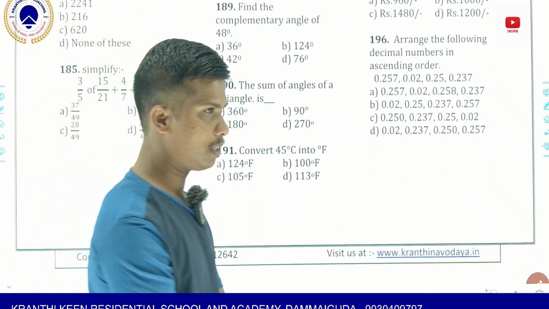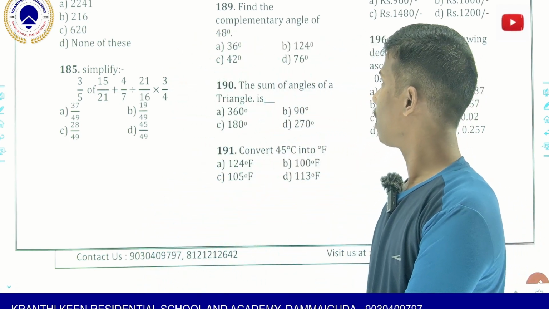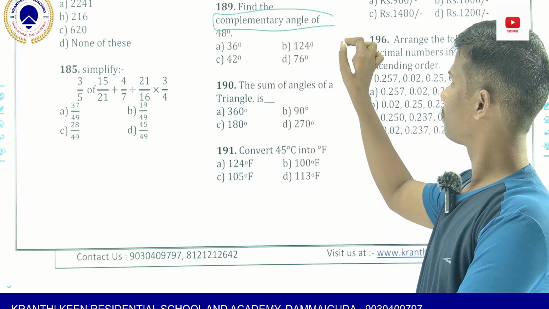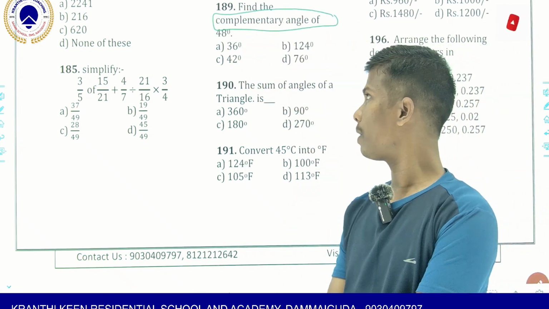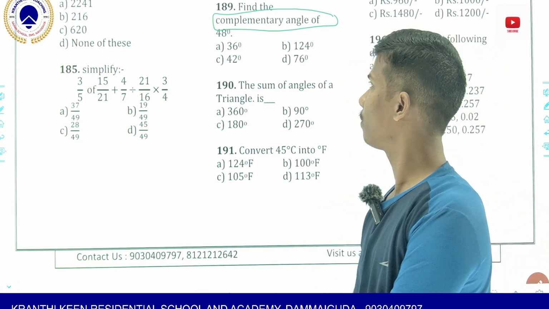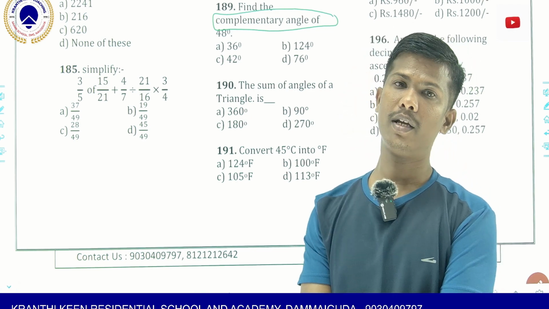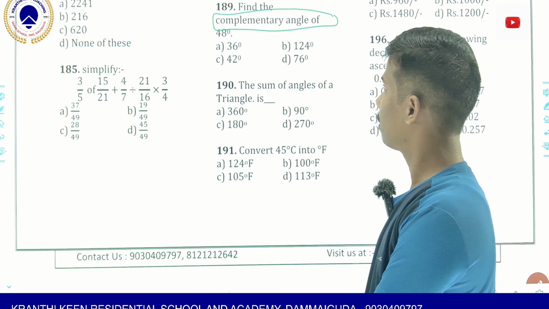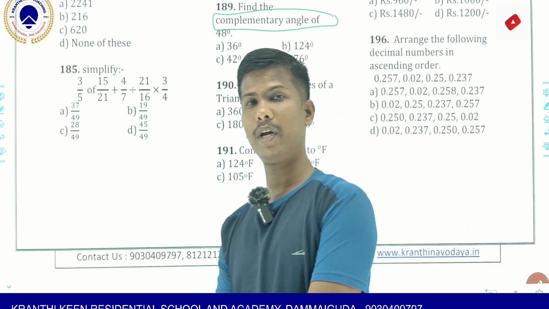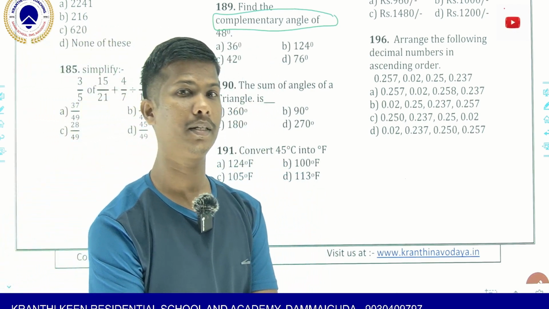See, the next topic is related to lines and angles. Find the complementary angle. In this topic we have complementary angle, supplementary angle, linear angle, like that. Here we asked the question about complementary angle. Complementary angles means the sum of the two angles has to be 90.